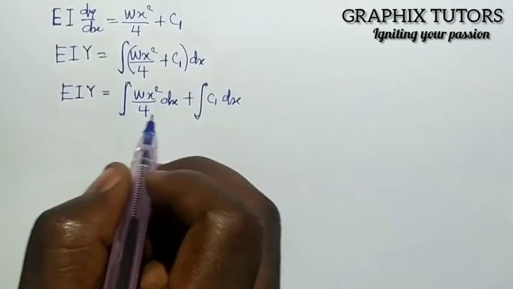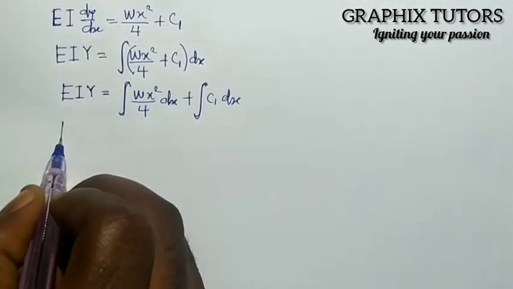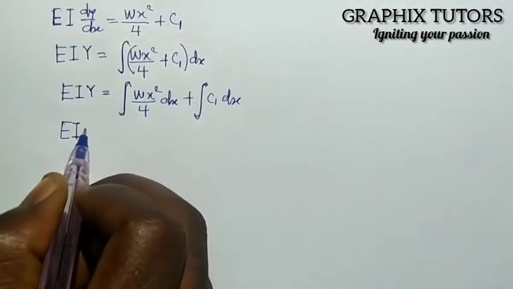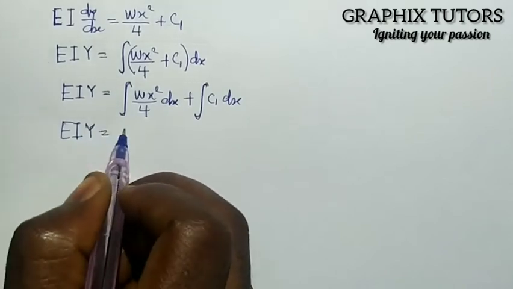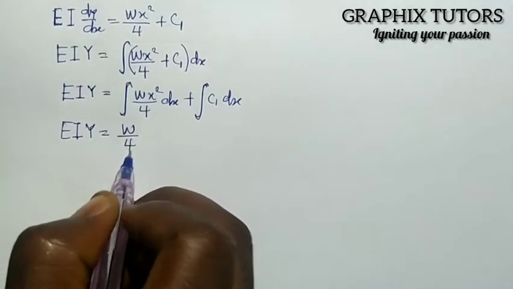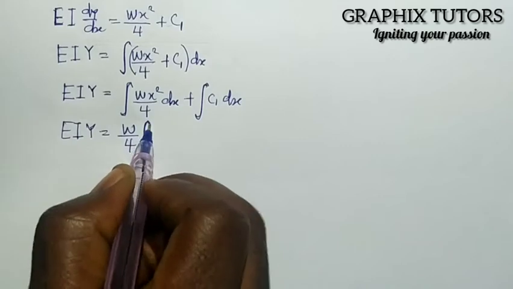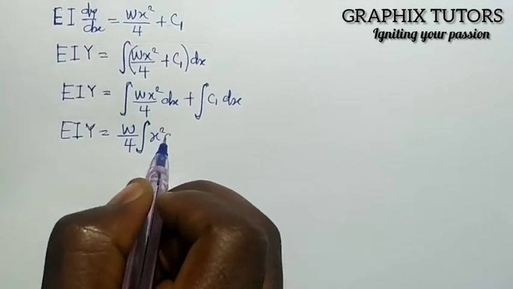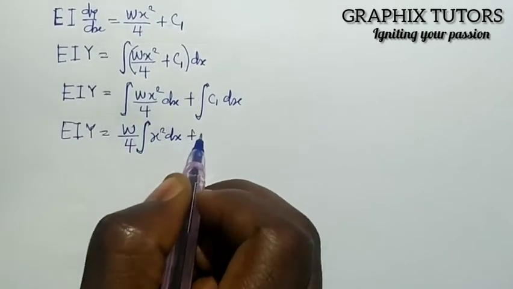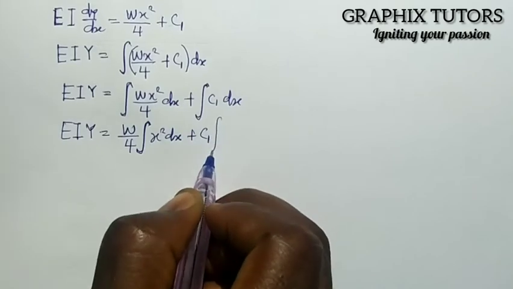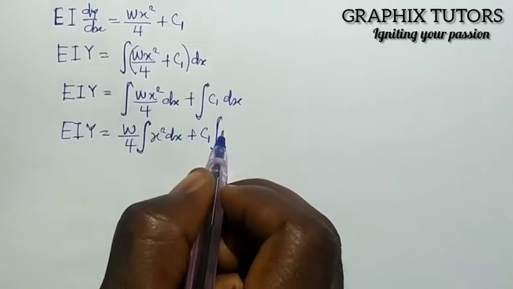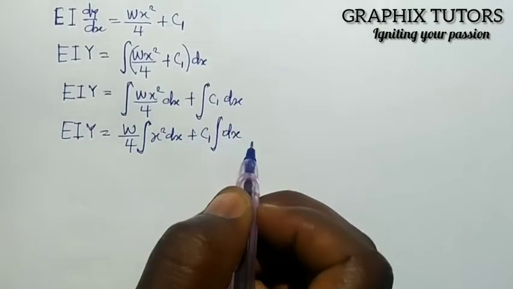If I take the constants out, I will have EI y equals to w over 4 integral x squared dx plus c1 integral dx.